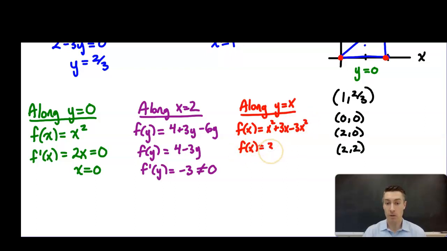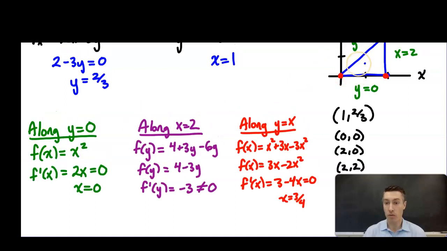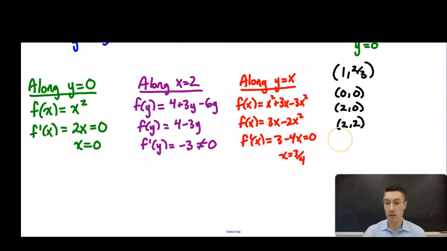So f of x equals 3x minus 2x squared. Take the derivative. 3 minus 4x equals 0. So x equals 3 over 4. That is going to be on the line, right? So that's like the point right there because y equals x. So we add that to our list. So (3/4, 3/4).